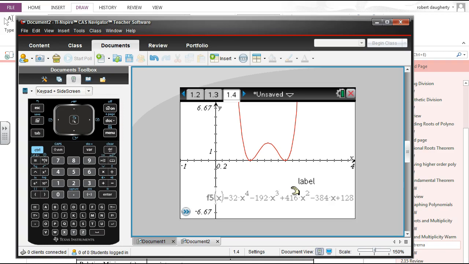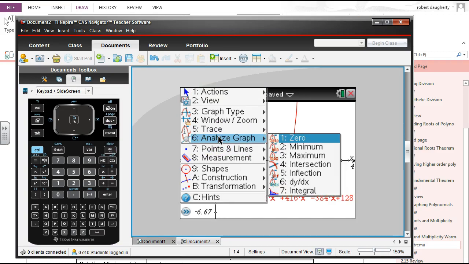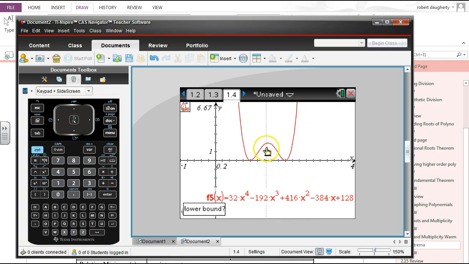So how do we find all of these things? Your calculator can do all of this for you. So menu, analyze graph. If I pick maximum, all I have to do is click to the left of this thing and to the right of this thing. And it tells me there's the maximum, okay?